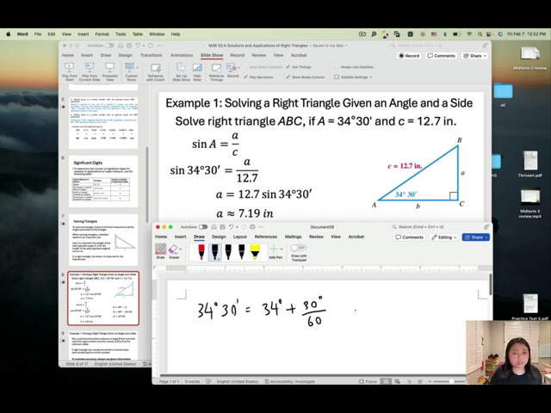Use your calculator and you should get 34.5. So try it with your calculator: 12.7 times sine of 34.5, you're going to get 7.19 inches.